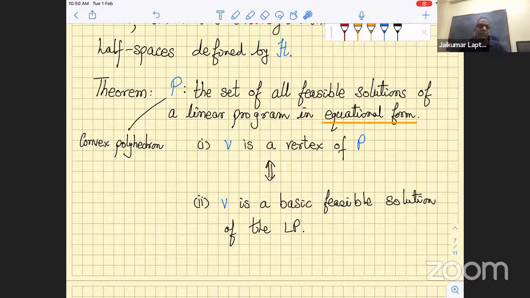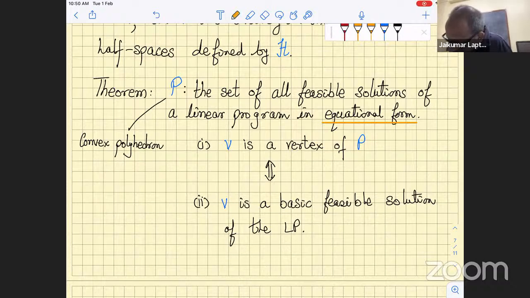So what do we need to do? We have to cook up an objective function which takes its unique optimum value at that point. So let me write.